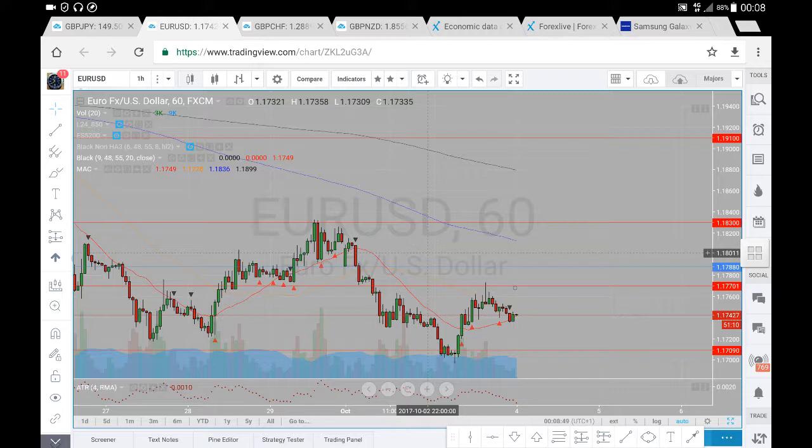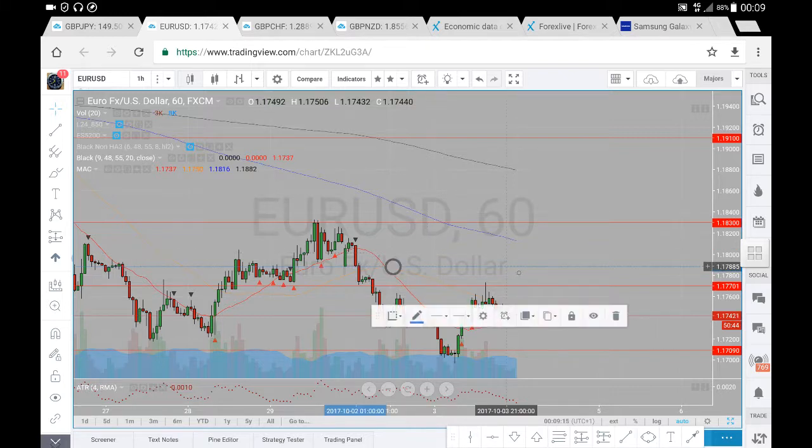Because as we've seen, we've come all the way down to the 117 level on euro dollar. And we've subsequently gone all the way back up to test the 117.70, which I've highlighted, which is already on the charts from a couple of weeks now. And we've had a rejection from the 117.70 all the way back down to, let's see where the low was.